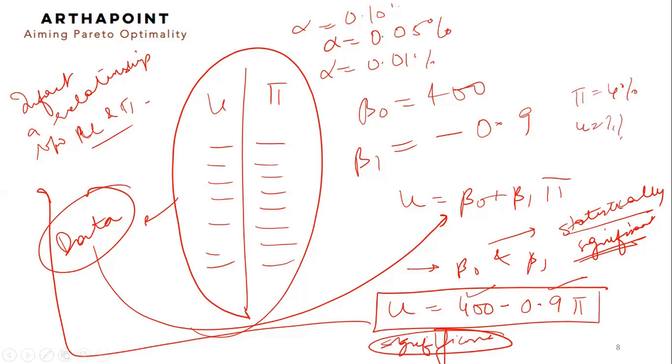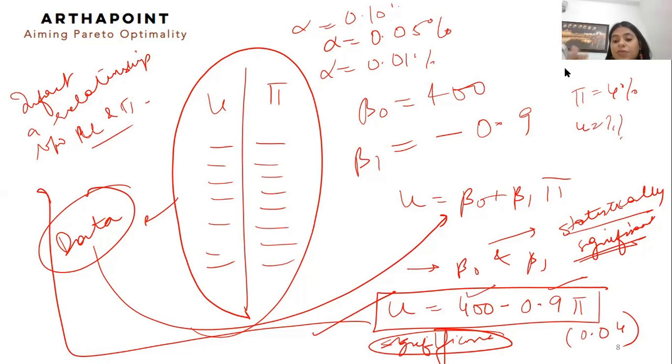Then I will go ahead and say that, well, I have this model in place. And according to this model, if I place 0.04 here, when your inflation is 4%, I'm going to give you a value of the unemployment. So this is where you're going to go ahead and predict using your model.